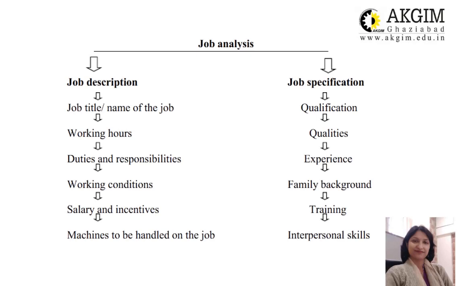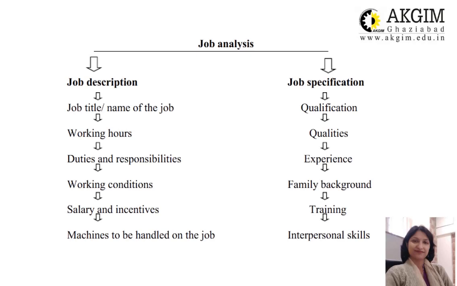It could be qualification, qualities, experience, family background, because family background has a very important impact on the person's ability to perform a job, and then training and interpersonal skills. So basically job specification talks about all the skills and qualities required from the employee side to perform that particular job.